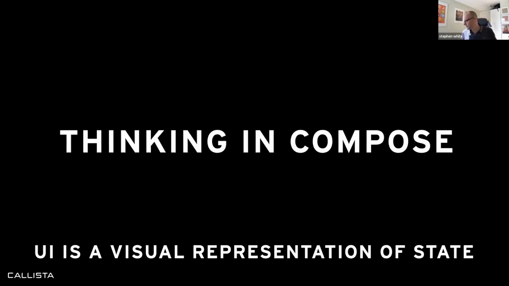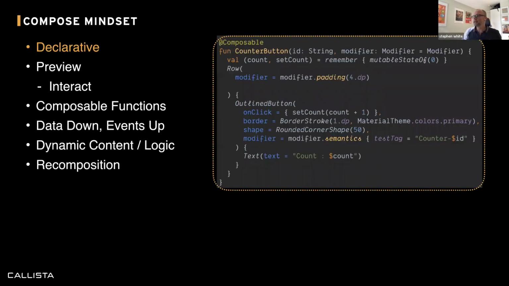So thinking in Compose. Again, it's declarative. So this is a counter button. This is kind of similar markup to what we saw previously. You have mutable state.